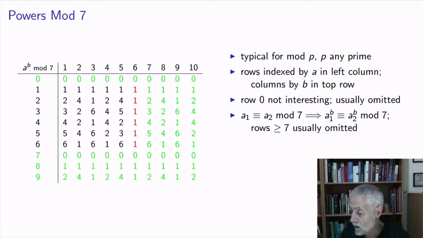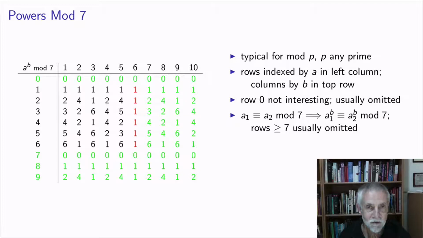So the 0th row will be the same as the 7th row. Row 1 will be the same as row 8, and row 2 will be the same as row 9. Because, for example, 2 raised to the power 3, modulo 7, is the same as 9 raised to the power 3, modulo 7.